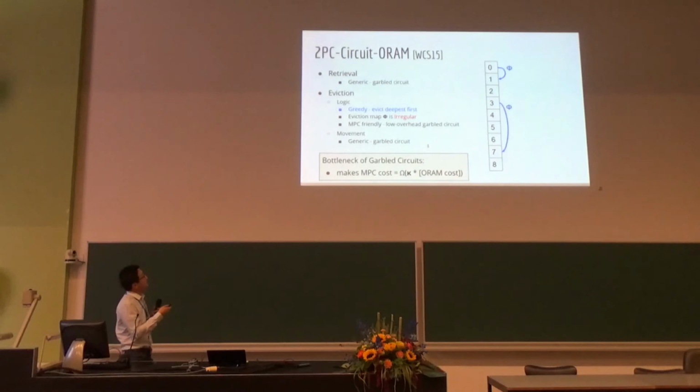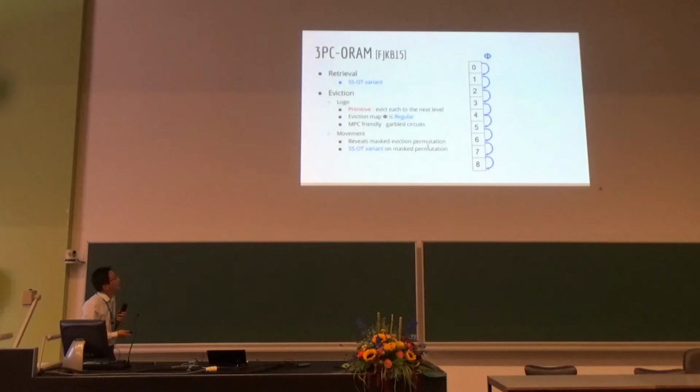So because everything is done by garbled circuit for 2PC circuit ORAM, obviously this will be the bottleneck for this scheme, because now the total cost for 2PC circuit ORAM will be the underlying ORAM cost times the security parameter which comes from the garbled circuit.